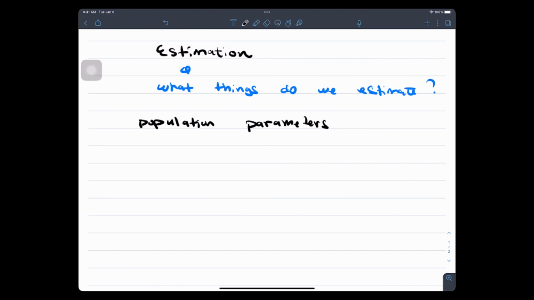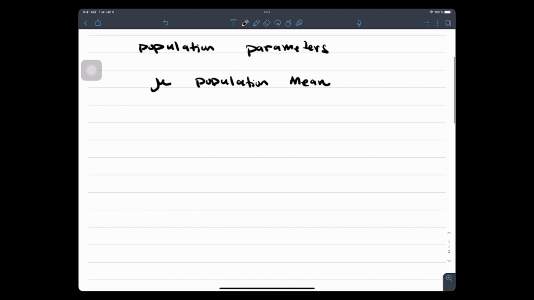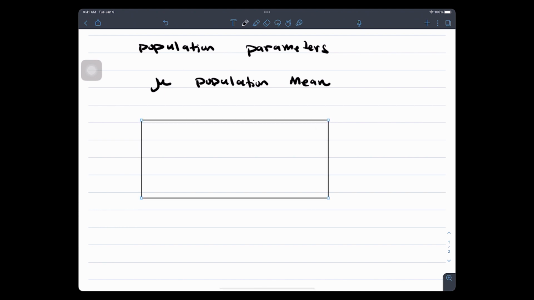Now you say, well, what are the parameters? Mu. This is called the population mean. Okay? And you might say, where does the phrase population come from? Well, remember, generally speaking, you have a population. It could be anything. It could be residents in California, it could be college students in LA, it could be math 227 students.